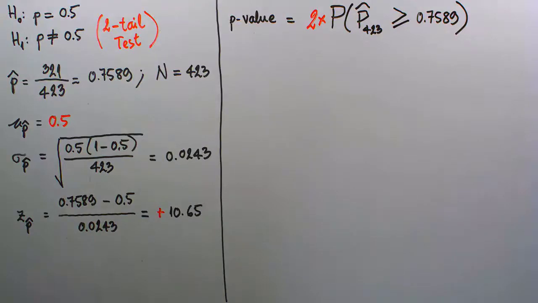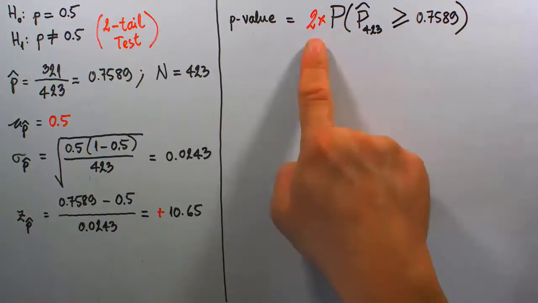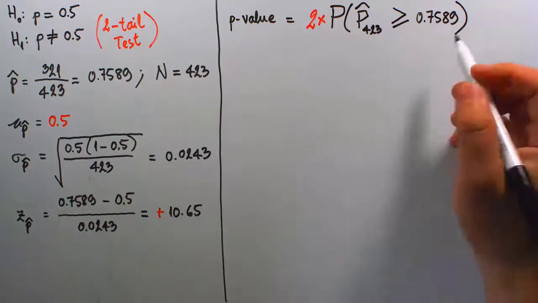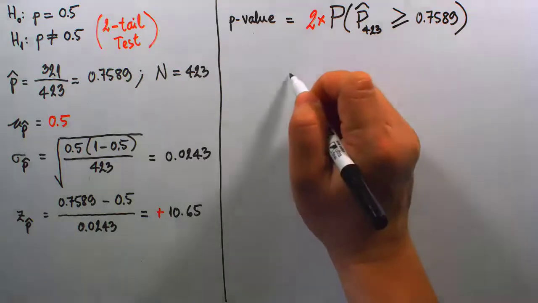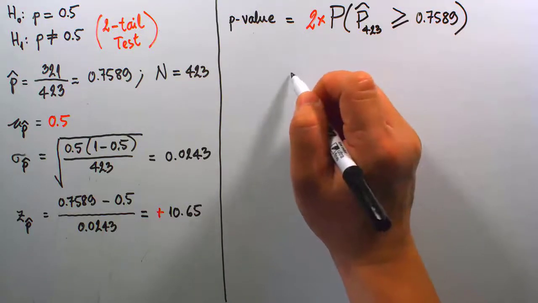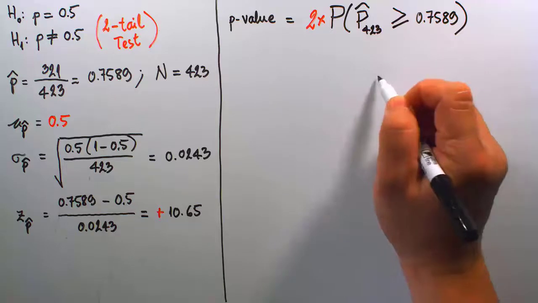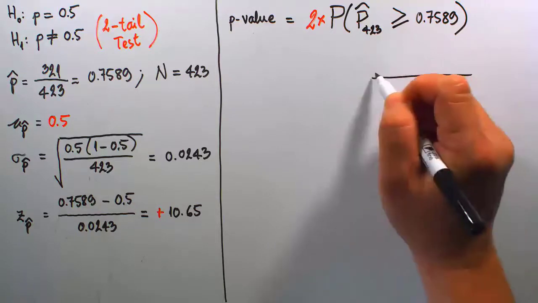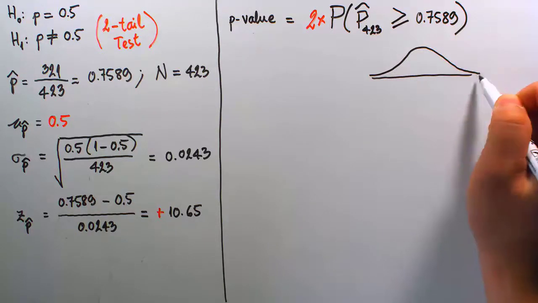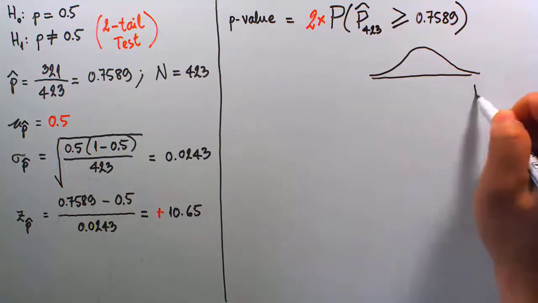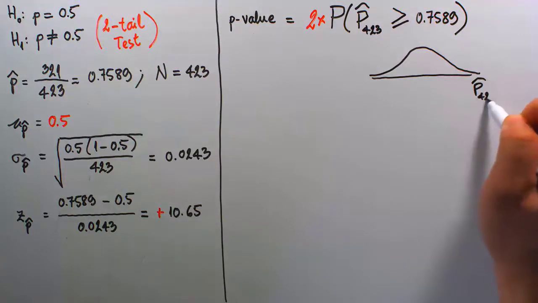That's how we conduct any two-tailed test. And so at this point, anyone who has seen enough of how I explained on the bell curve, imagine that we're on the bell curve, and again the bell curve here has all of our sample proportion, P hat for 423.